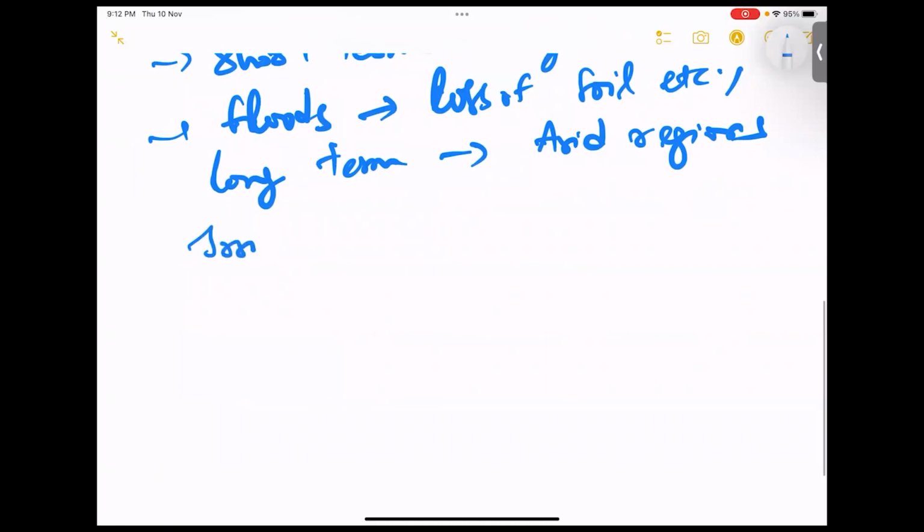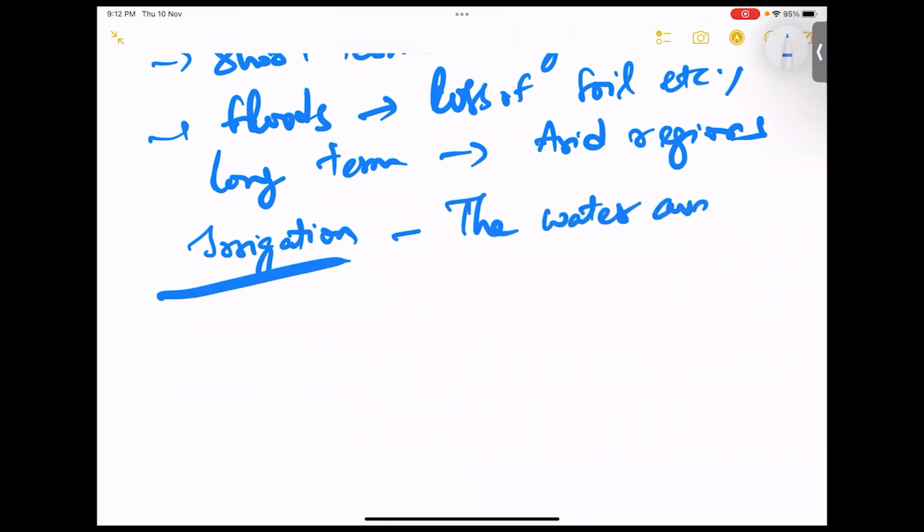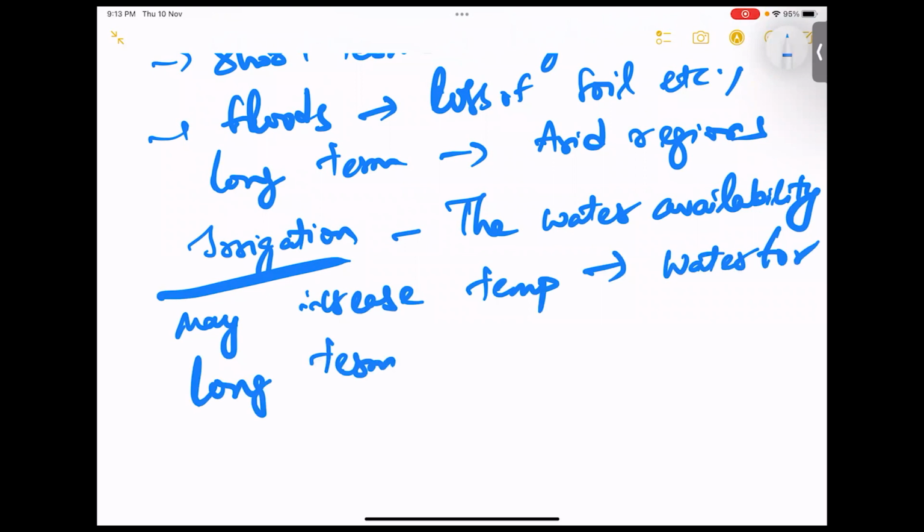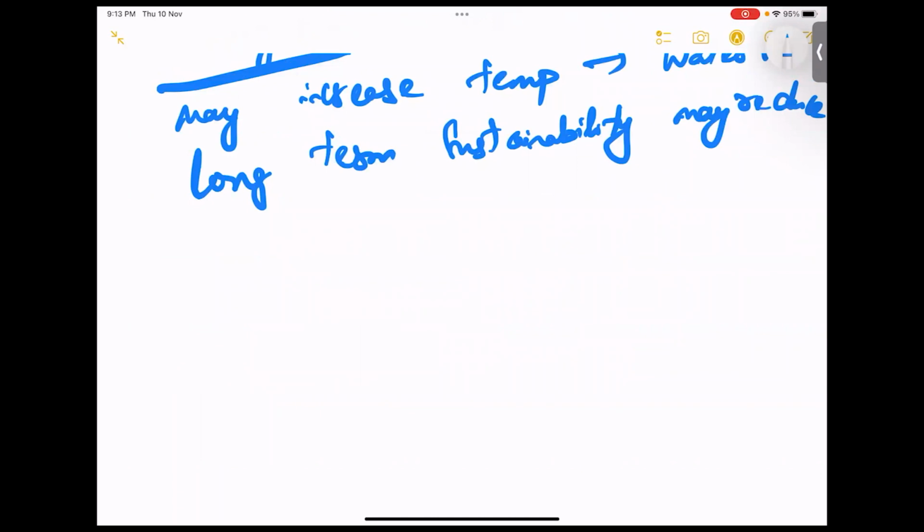Then irrigation water. The water availability may increase temporarily, but the water for long-term sustainability may reduce. Then inland water navigation.